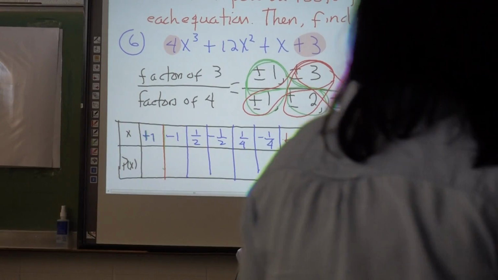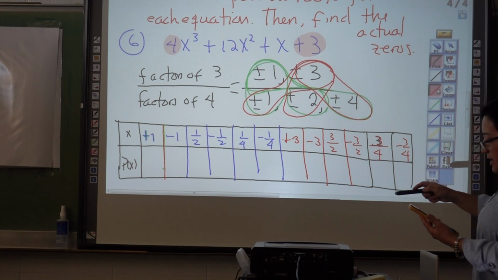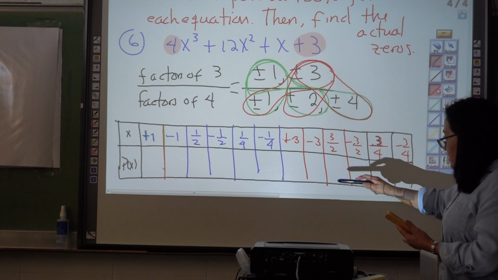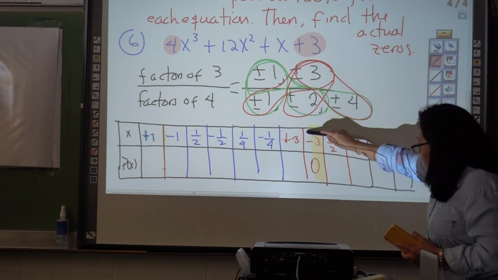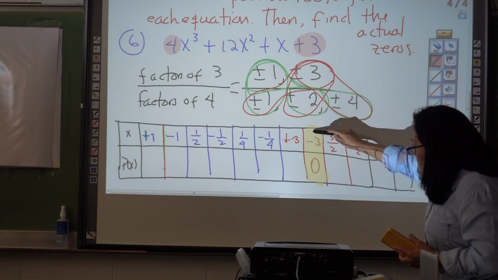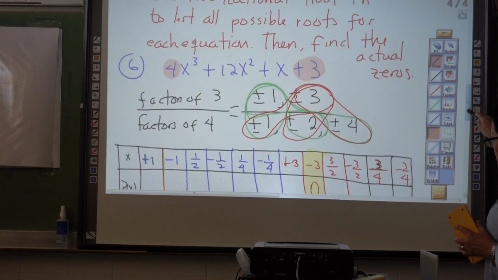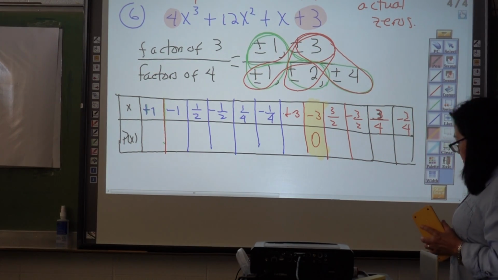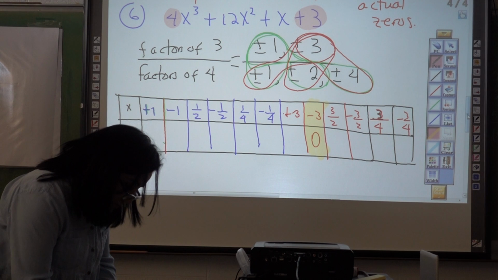You guys are going to copy all this information here, but I'm just going to save time. The only zero that I got was negative 3. That's what they want us to do, find the actual zeros.